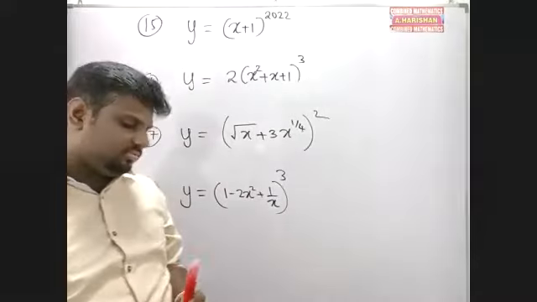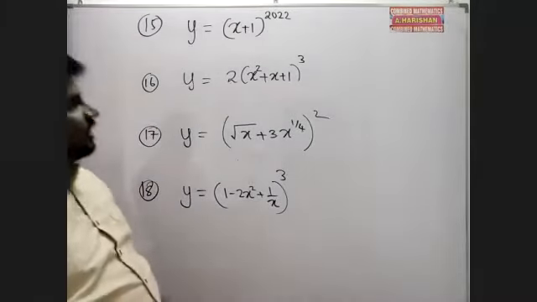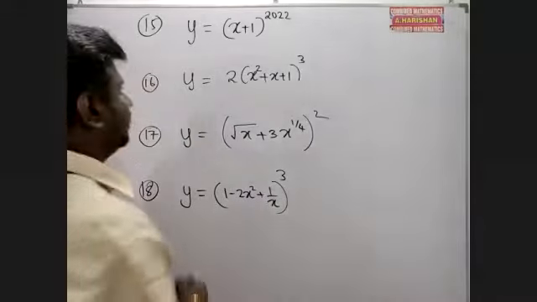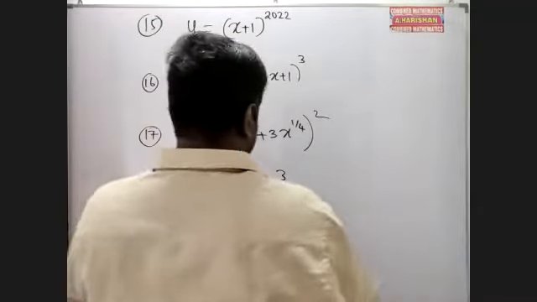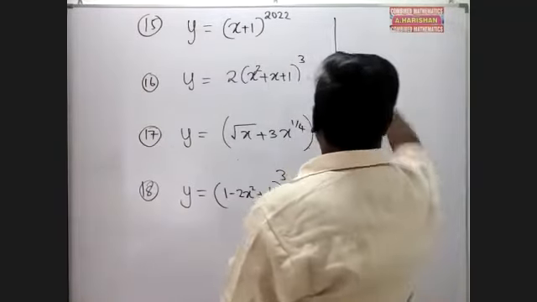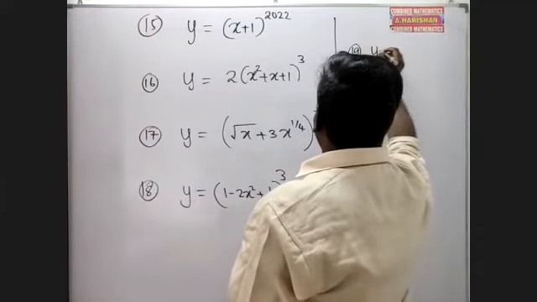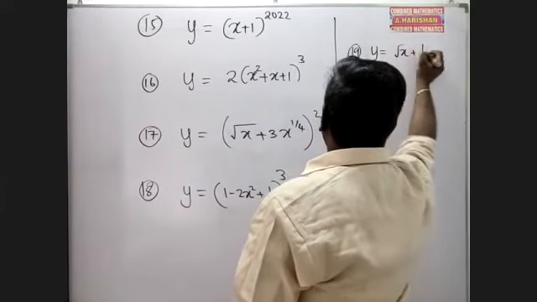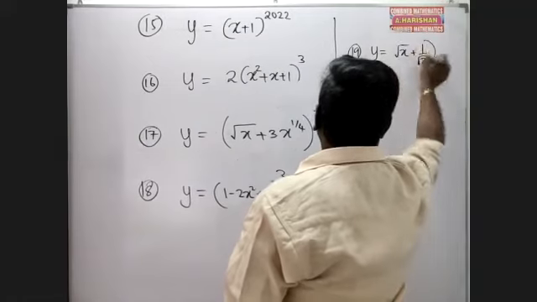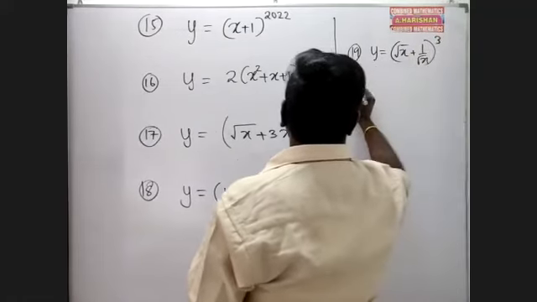Enough, no? So we will do this. I put here 19. Y equals (root x plus 1 over root x), whole thing cube.